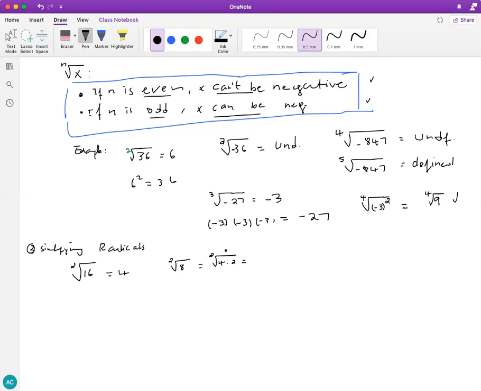Then we can split this into two radicals. One of them will be able to simplify. For example, here we're going to have radical 4 times radical 2. And what's radical 4, or the square root of 4? Everybody, what is the square root of 4?